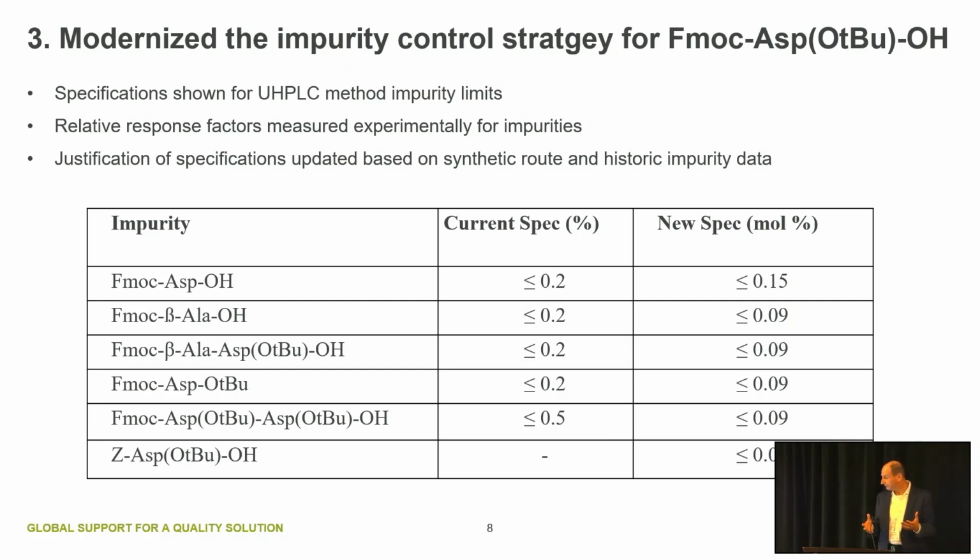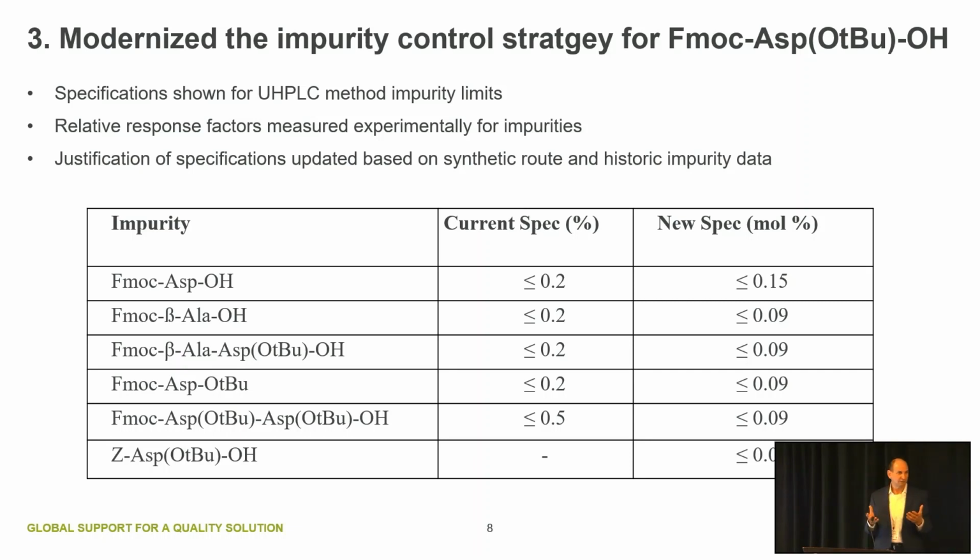So we'd like to have a unified control strategy, which is essentially the lowest common denominator. What you're seeing here is something that's also applicable to the generic peptides. So we had to control it at a very low level. And so you see some of these impurities are controlled now to 0.09% mole. And that's also a change that's happened, I think, over the years.